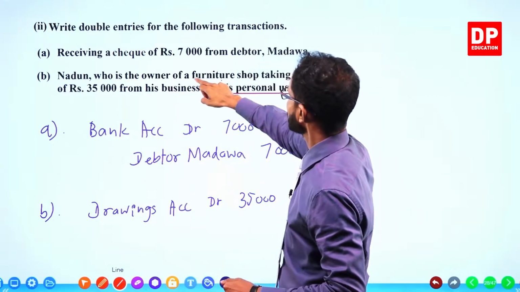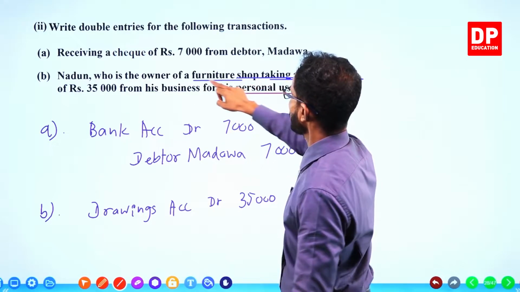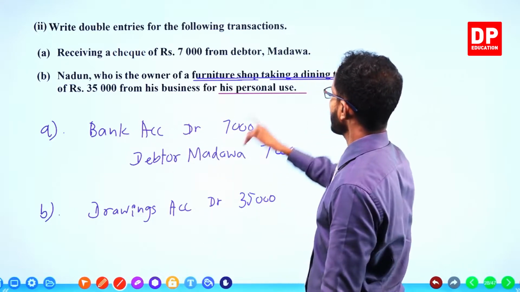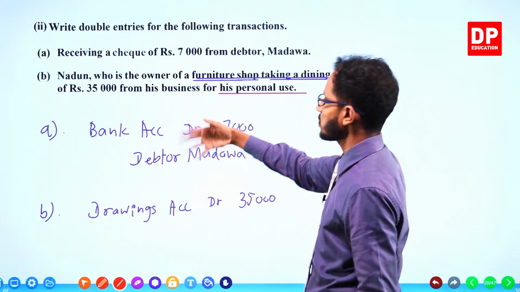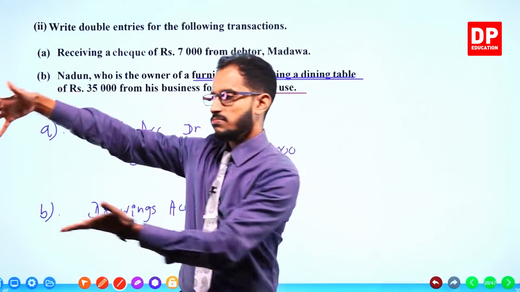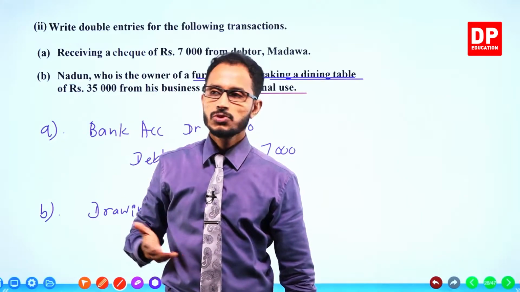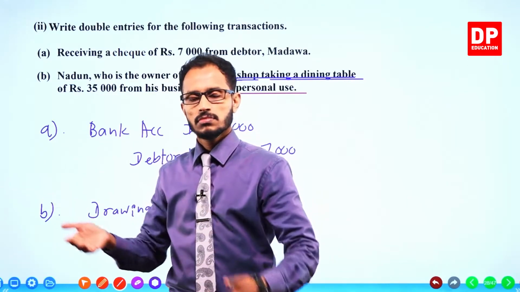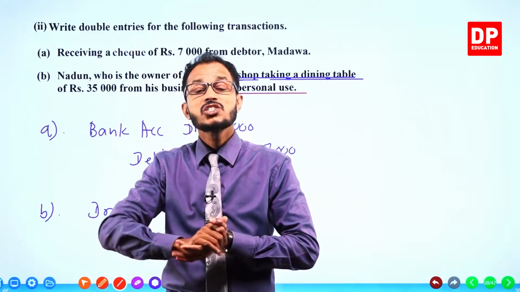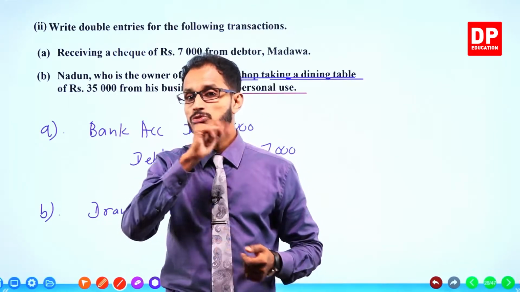Now what? It is a furniture shop, and the furniture is there to sell. This guy takes the dining table to his home, for the private needs of the owner. He has drawn goods.